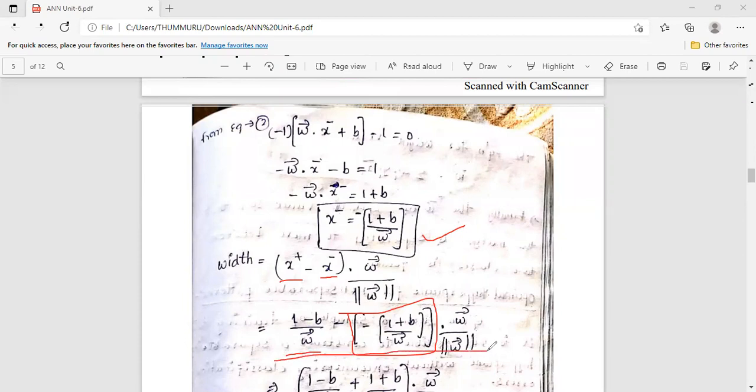This is substituted in the width equation.